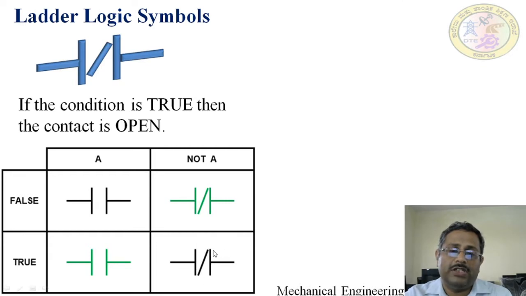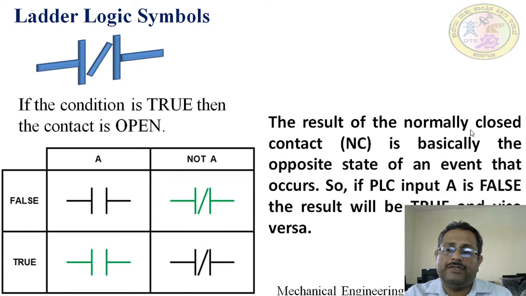The green line means there is continuity. See here, the result of the normally closed contact is basically the opposite state of the event that occurs. If the PLC input is false, then the result is true. If the PLC input is true, the result will be false, or vice versa.